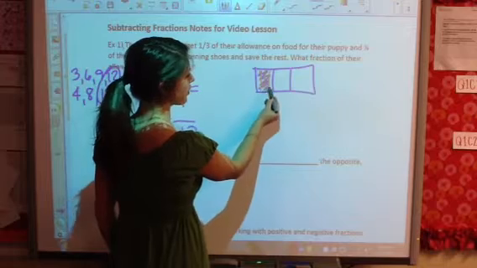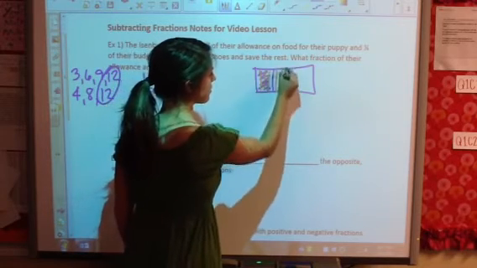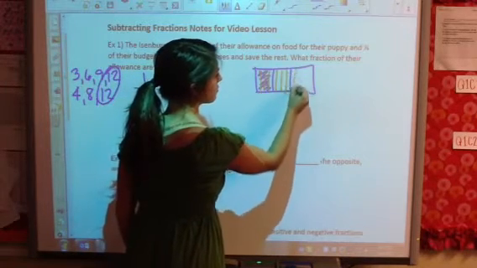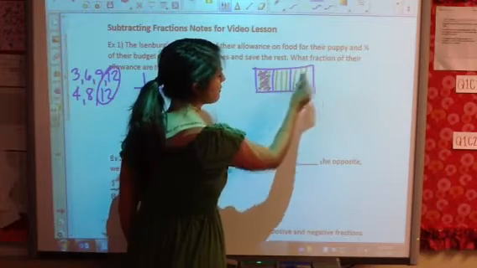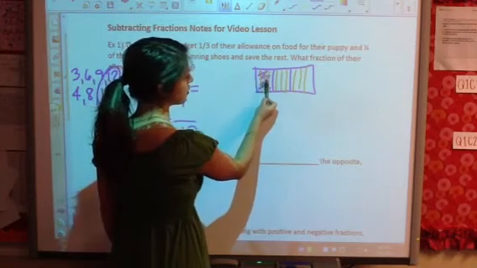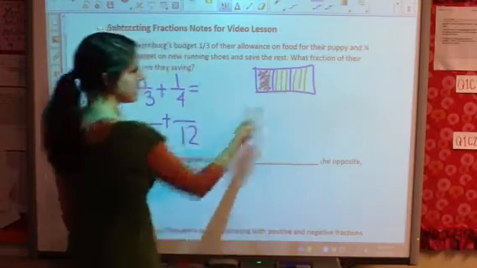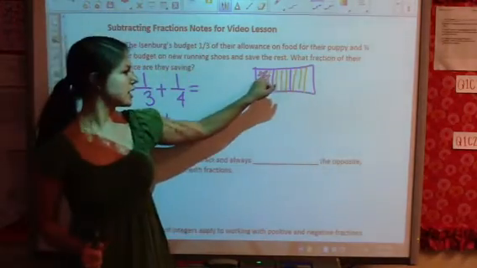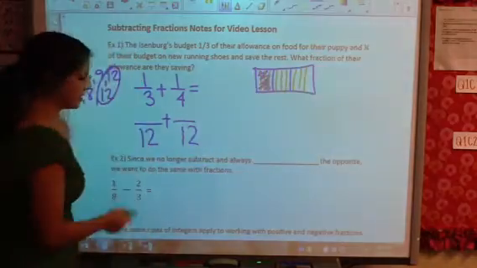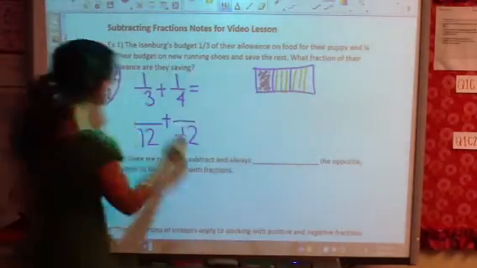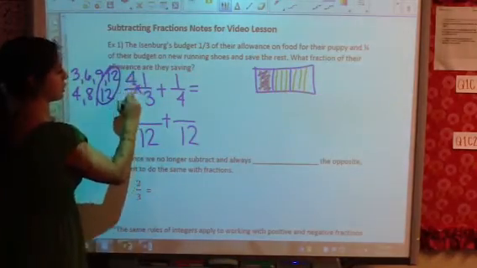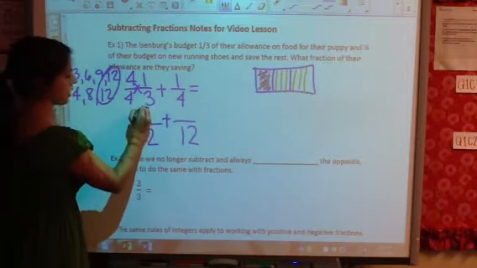So now I have 1, 2, 3, 4 cuts, in each third. If I counted those, I have 1, 2, 3, 4, 5, 6, 7, 8, 9, 10, 11, 12. Now I have 12 pieces. And shaded, I have 4 of the 12. So that makes sense. When we multiply by 4 over 4, we get 4 12ths.